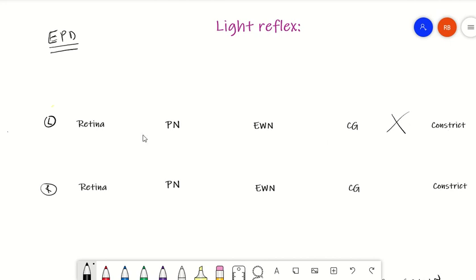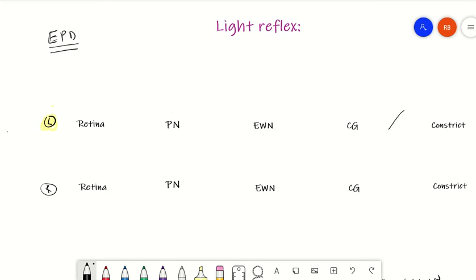So if you were to shine a light in the left eye, the constriction would not occur in the left eye because of the lesion here, but you would still get constriction in the other eye.